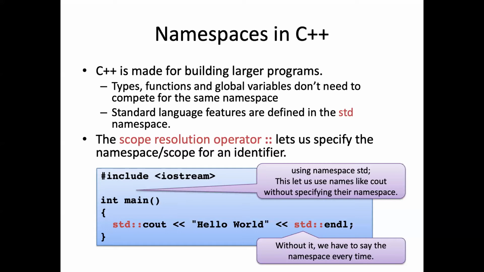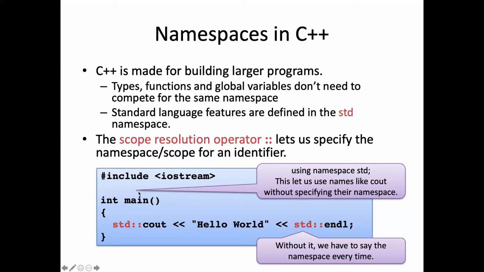Again, it's called the scope resolution operator. This job is done by dot in Java. Dot does a lot of different jobs in Java. But if you got a package prefix and then some name defined in that package, you use dot to be specific about the package that a name is defined in. And here you can use the scope resolution operator for this. It really lets you refer to things in a particular scope, and a namespace is treated like a scope.